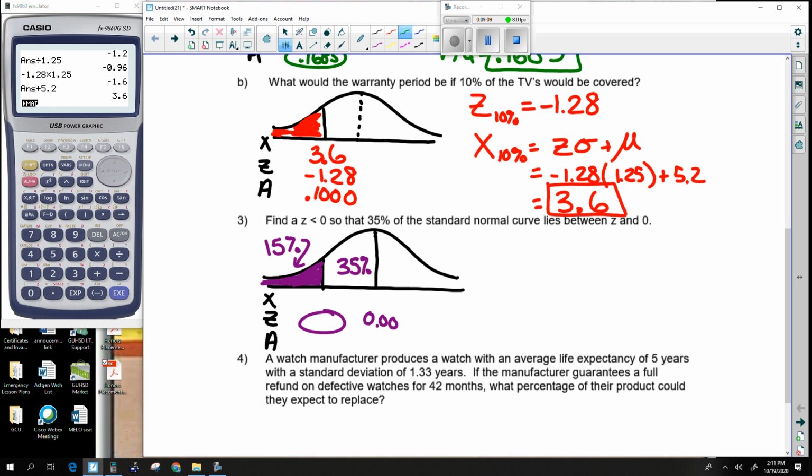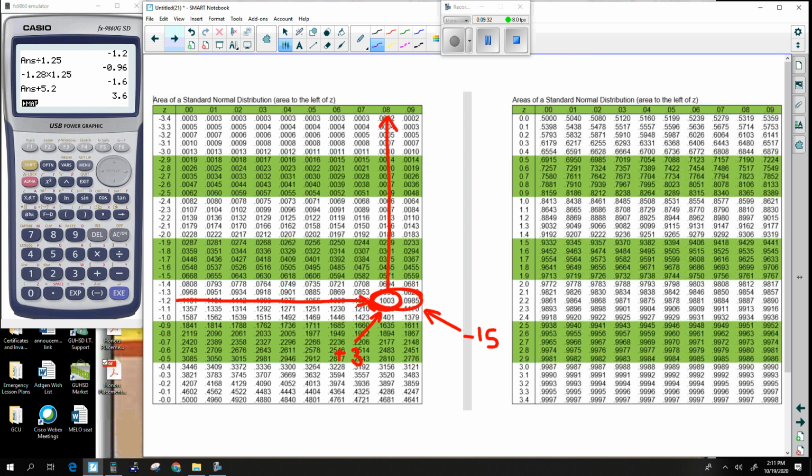Okay, so the area to the left of this is 15%. If I look up the area 15, that middle section will be 35% that I want. So I am looking not what the area is, but what is the Z-score of 15%?